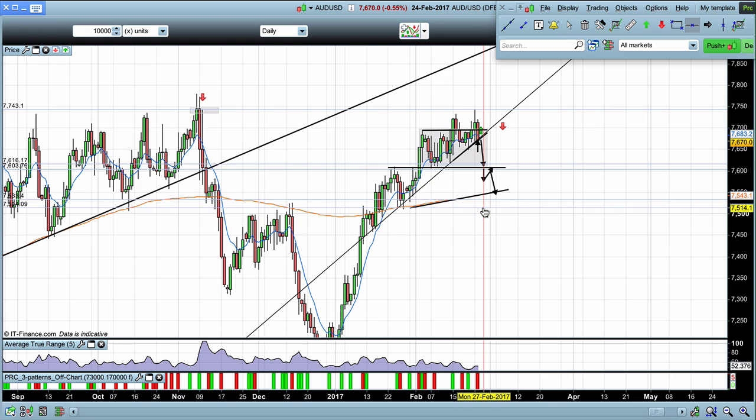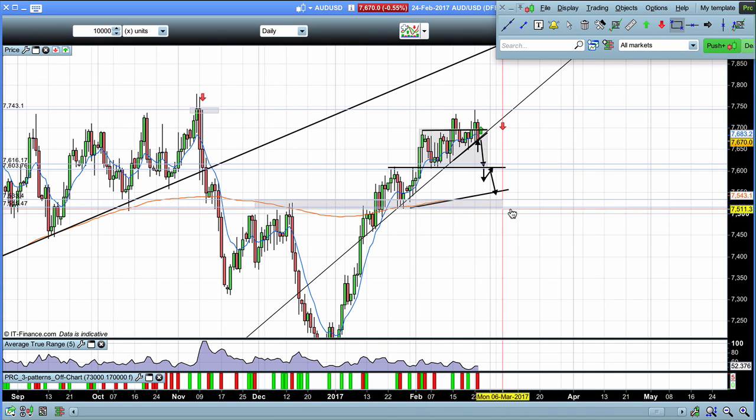Just marking this in. And we also have a support level, which is tying in relatively nicely with where that MA200 is sitting currently. It's coming from the previous spikes up.